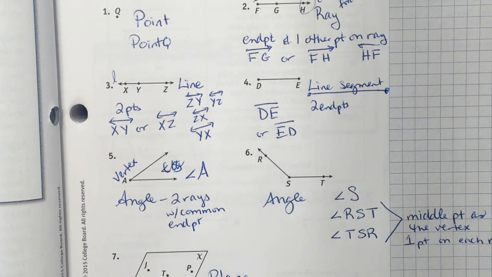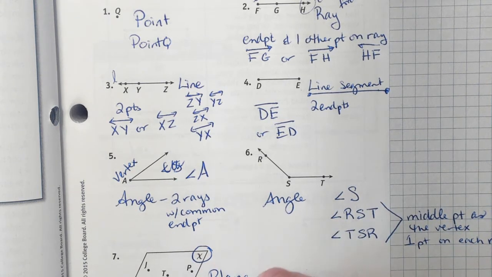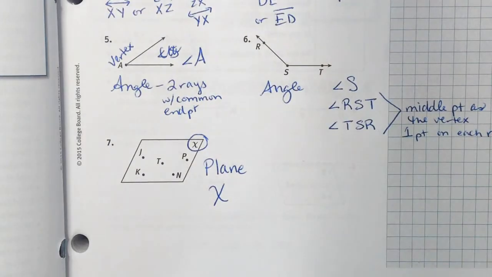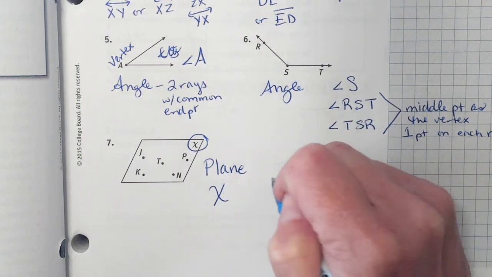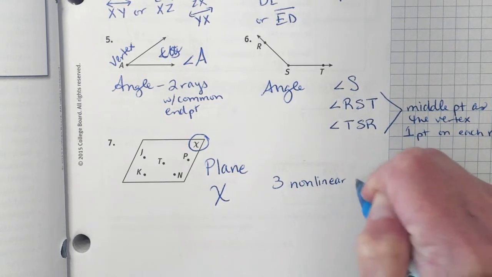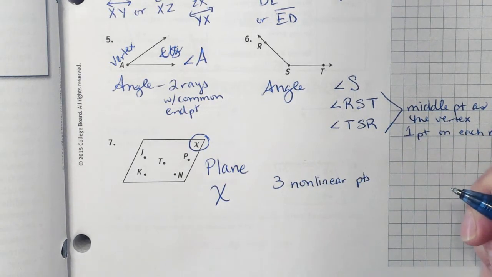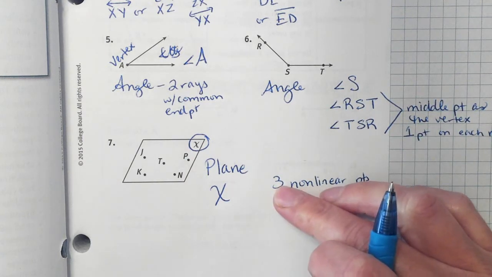Well, there's a variety of ways in which we name a plane. Right here, this capital cursive letter, when we put it up in the corner, that implies the plane. We could also use any 3 non-linear points. And you're like, what does non-linear mean? Well, linear means line, non means not.